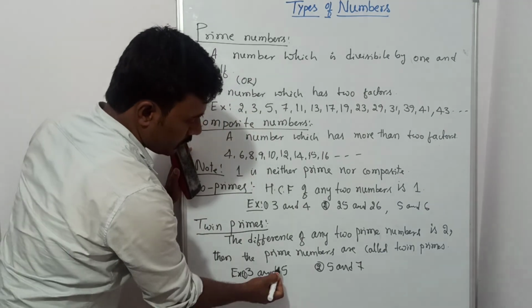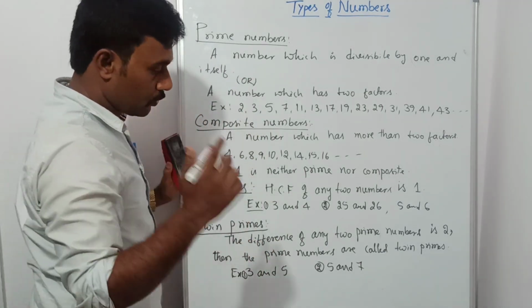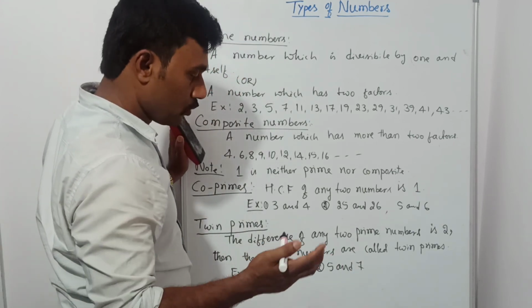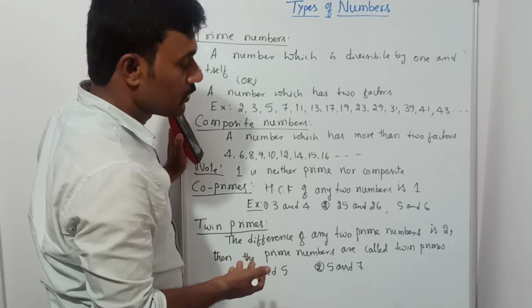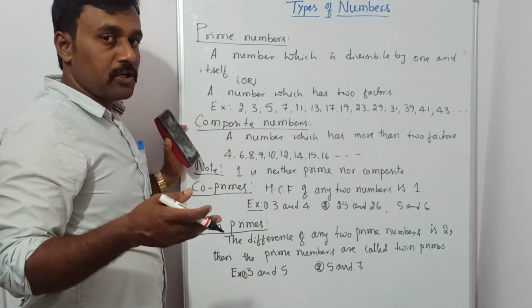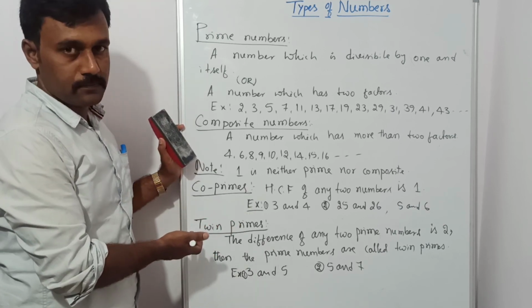Here 3 and 5 are primes, and their difference, 5 minus 3, is 2. In the same way, the difference of 5 and 7 is 2, and they are also prime numbers. You can consider 11 and 13, and 17 and 19. These are all examples for twin primes.